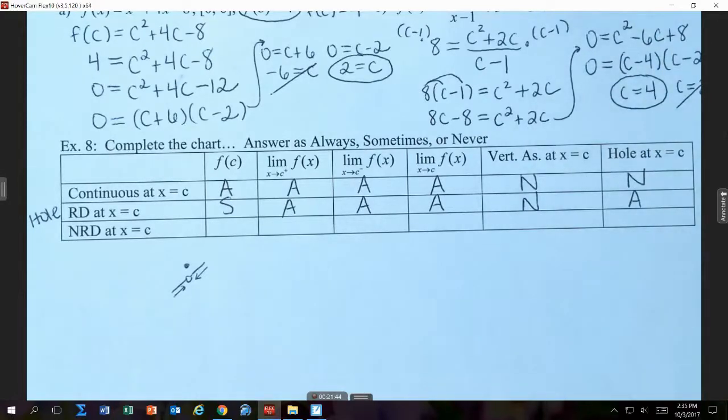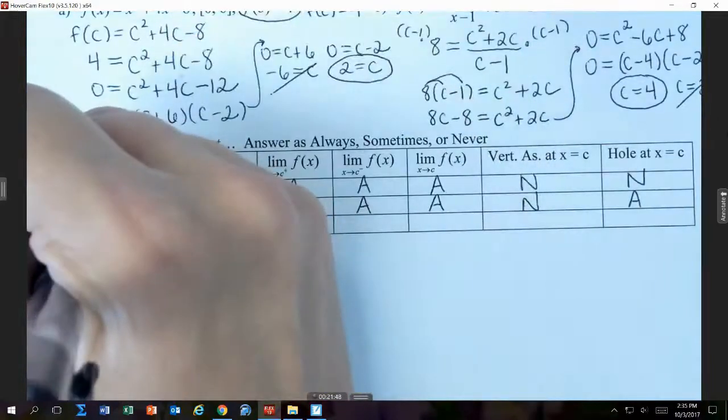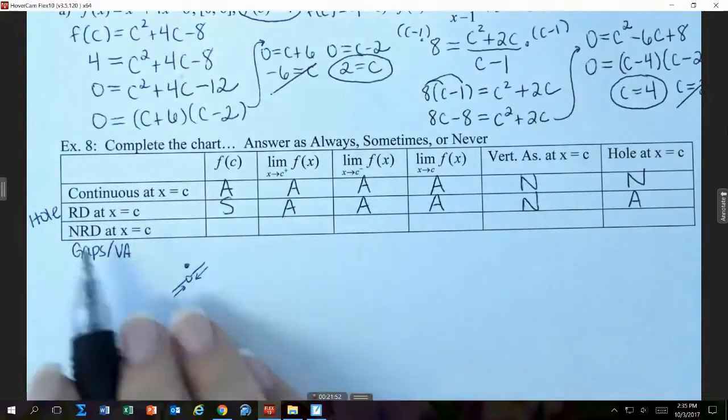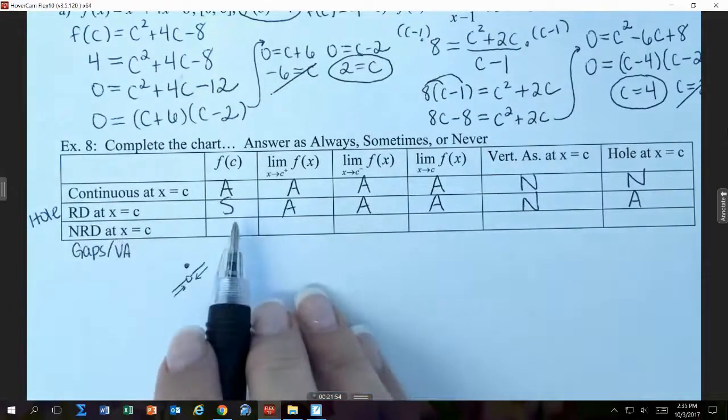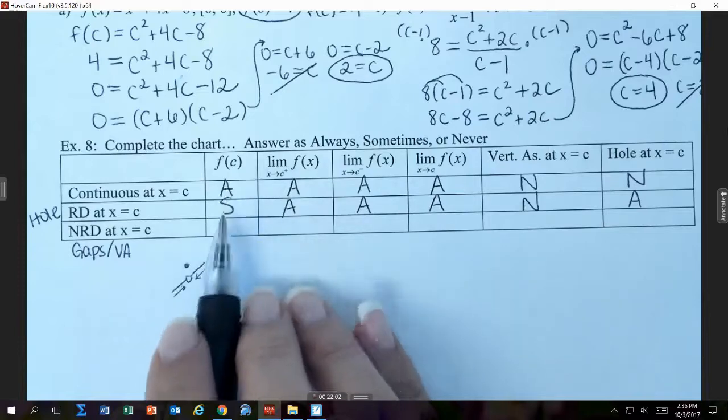Okay. All right, non-removable discontinuity. This is where we have gaps in our graph or we have vertical asymptotes, right? That's non-removable. So am I going to have a functional value at a non-removable discontinuity? Sometimes, okay?